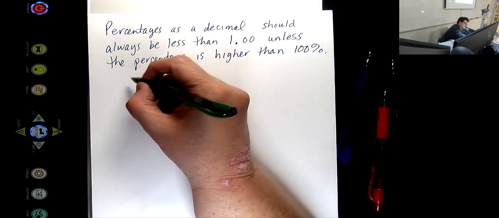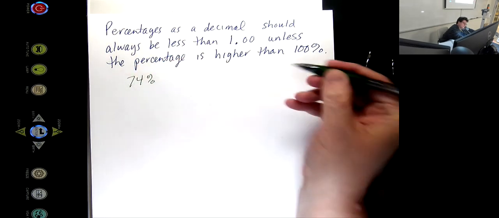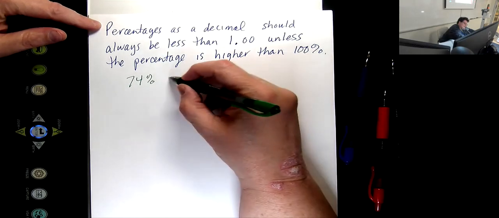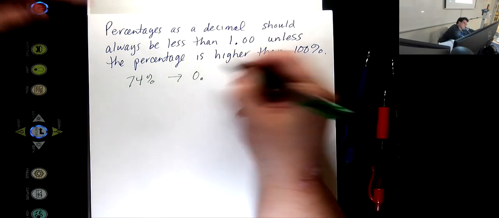So if I've got 74%, when I write it as a decimal, it should be less than 1. Less than 1 means it starts with a 0.